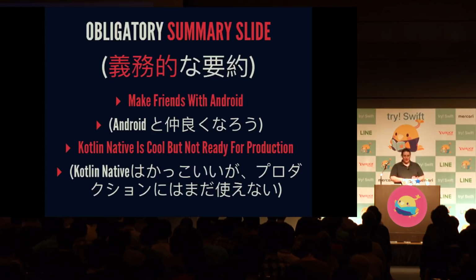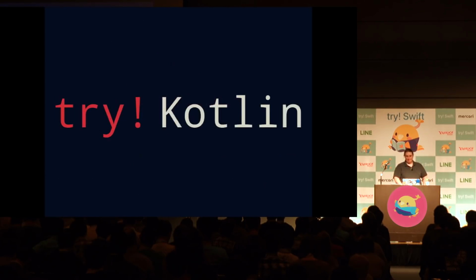And while Kotlin Native is really cool, it's not quite ready to be used in the real world. I am really, really interested to see what it says about the future of Kotlin as a language, which is potentially fully independent of the JVM. In the end, my advice really boils down to one thing: give Kotlin a try.